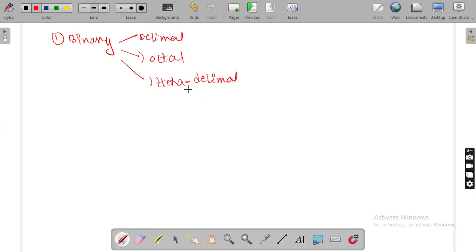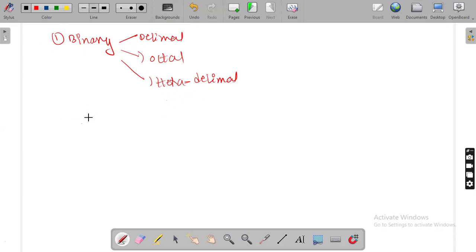These number conversions are important for your GATE exam, especially for CSE and EC students. They will give simply one number and ask you to convert, for example hexadecimal to decimal, decimal to hexadecimal, octal to hexadecimal. So first we'll convert from binary to decimal, binary to octal, next binary to hexadecimal. This is our target first.